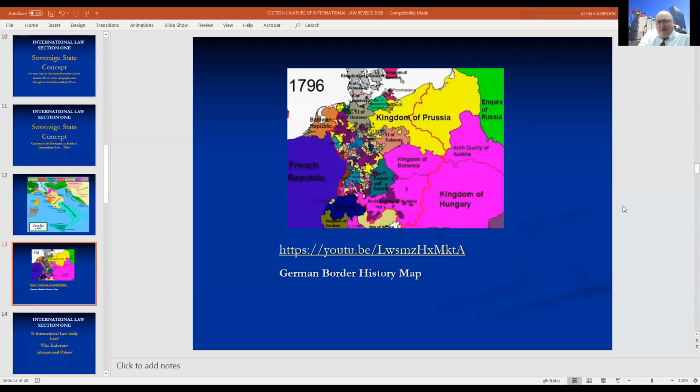Okay, so I showed you that just to have in the back of your mind this idea that historically international law changed constantly, and we have these different city-states, different powers. And oftentimes that was due to military and economic power. And back to the idea of rule of force, the shark was essentially use of military and economic power to dominate the smaller countries, to take over, to conquest.